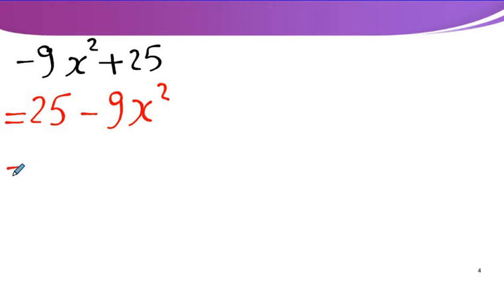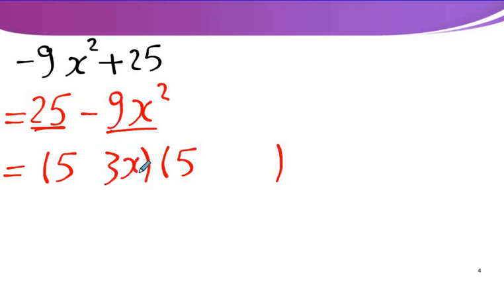After that, open two brackets as we said. The square root of 25 is 5, so 5 here and 5 here. The square root of 9x squared is 3x, so 3x here and 3x here. One positive and the other negative. Another example.